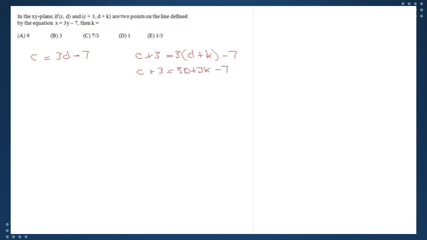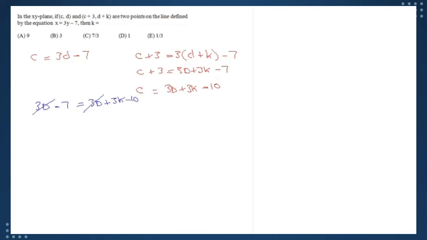We bring the 3 over and we say C equals 3D plus 3K minus 10. Now, what's interesting here is that they're both equal to C, so we can then set them equal to each other: 3D minus 7 equals 3D plus 3K minus 10.